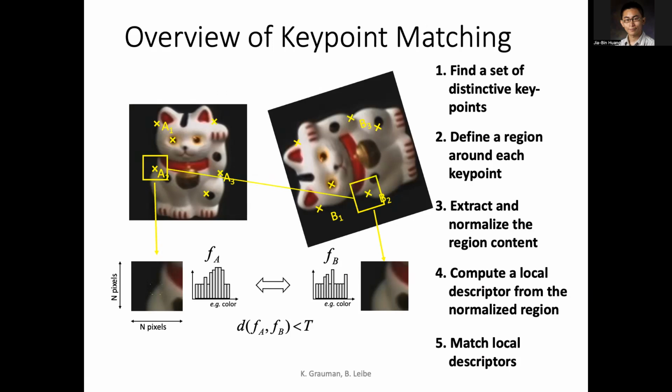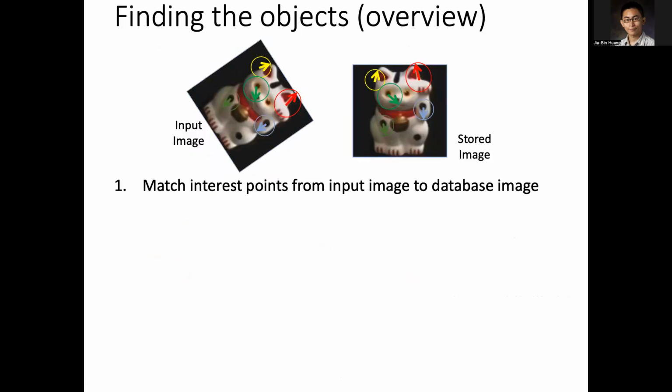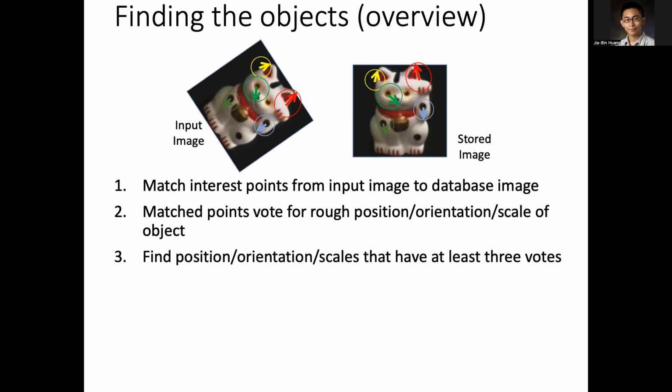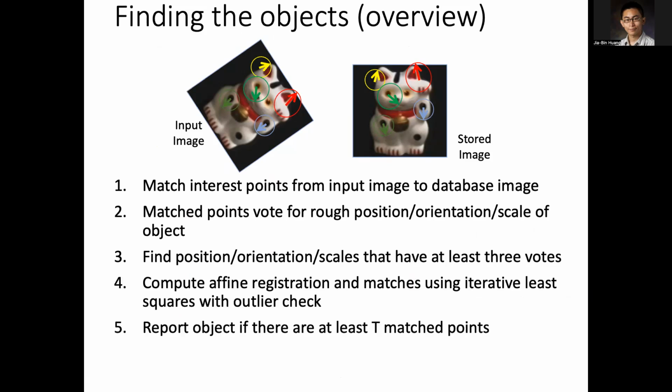Once you have the matching, each point match can vote for the scale difference and the rotation difference, and then you find the votes. That's basically how you can find the objects.